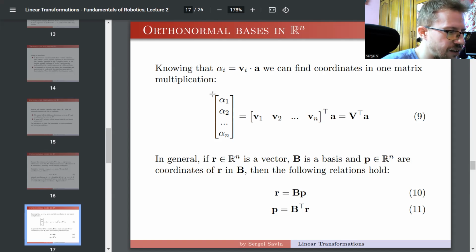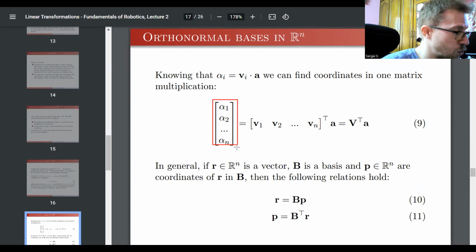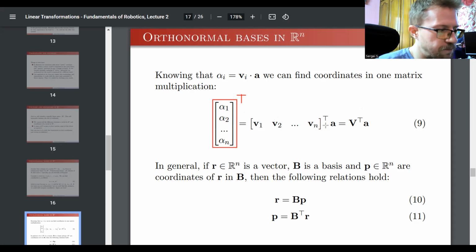We can just say alpha, so coordinates, are equal to a series of dot products, right? So dot product of v1 with a, v2 with a, v3 with a. By the way, here I'm missing a transposition sign. This is a row vector. This should be a row vector. Yep.